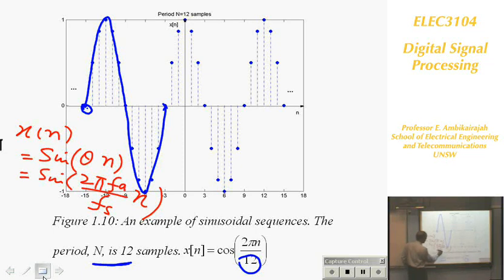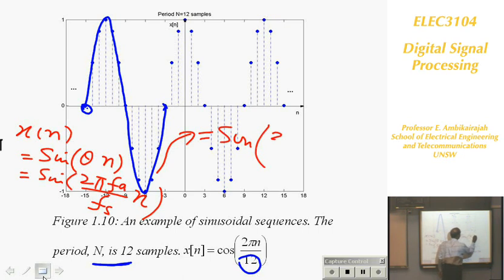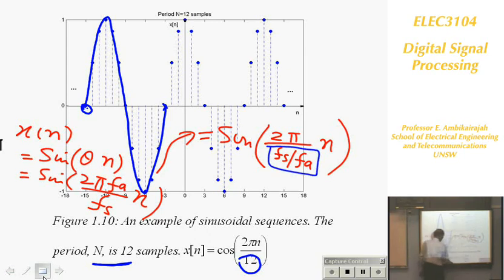Or you can move this down, upside down, and say equal to sine of 2 pi over Fs divided by Fa times n. This part gives you your period in number of samples. That's equal to capital N. This is equal to K period.